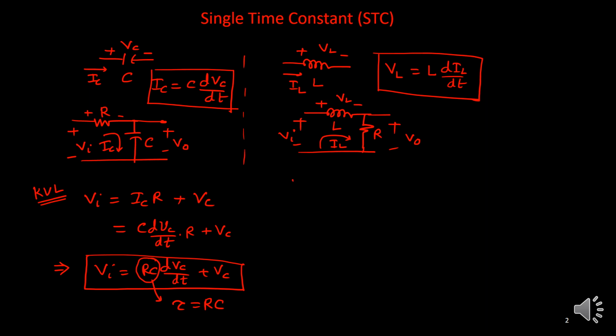Now again I can take KVL. Vi equals VL plus V0, and VL is L dIL/dt, and V0 is the voltage across the resistance, that is the current IL into resistance R, so IL into R.